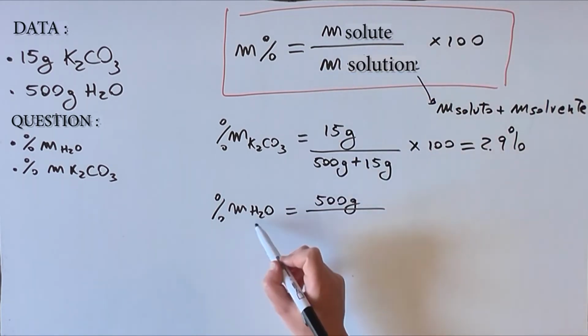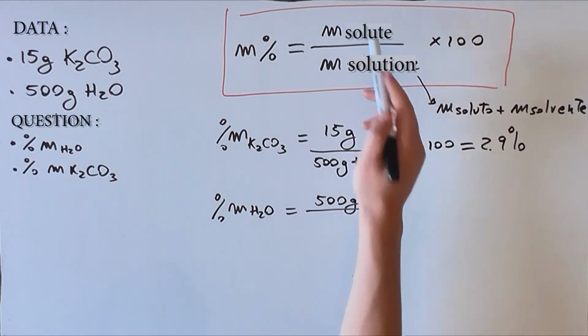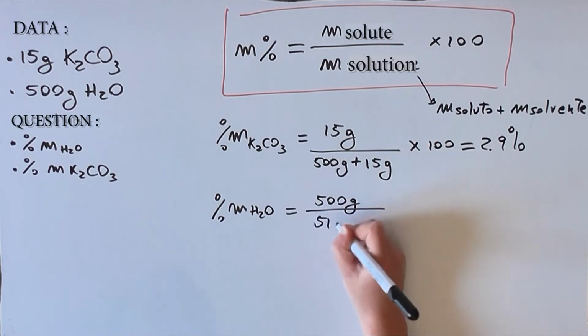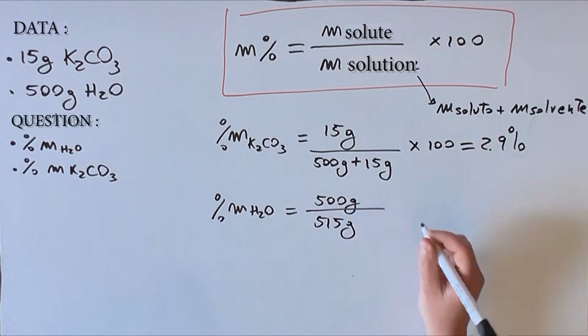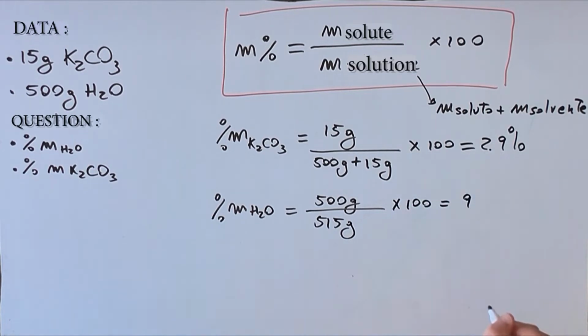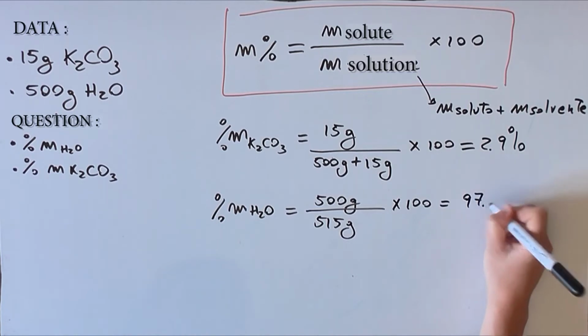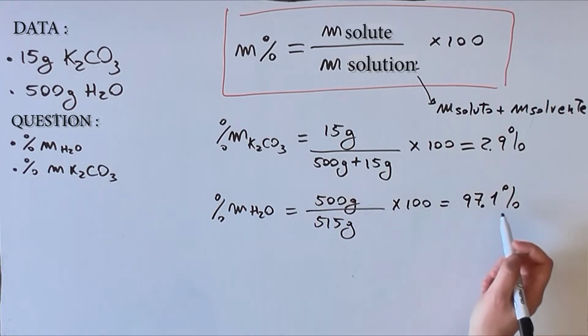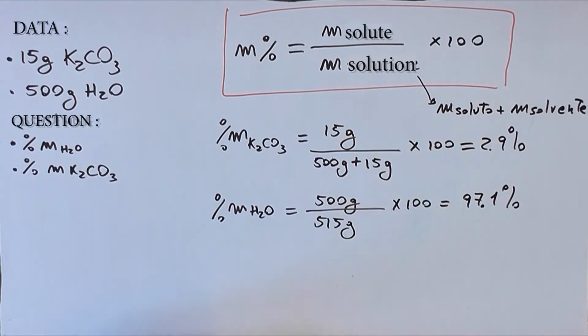However, now I'm doing the percentage by mass of water, so I need to take the water up. So it is again divided by 550 grams times 100 is equal to 97.1%.